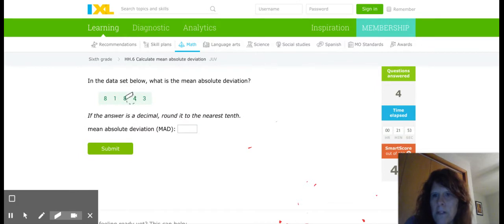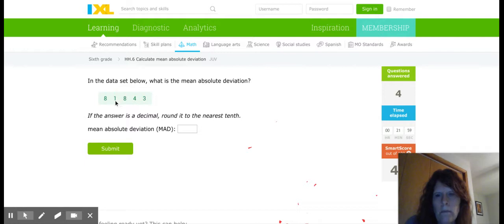Okay, our first step, we're going to add our data set. 8 plus 1 is 9. 9 plus 1, 8 plus 1 is 9. 9 plus 8 is 17. 17 plus 4 is 21. 21 plus 3 is 24.